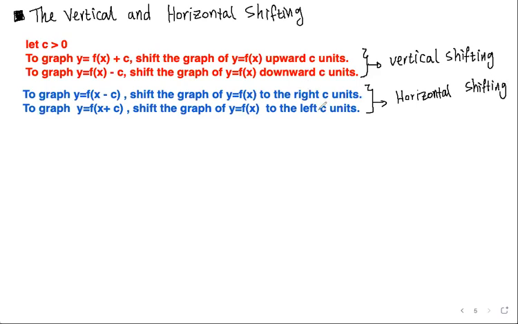Right, left. Upward, downward. Okay, let me graph the function and I will show you by the graph how we can do vertical and horizontal shifting.